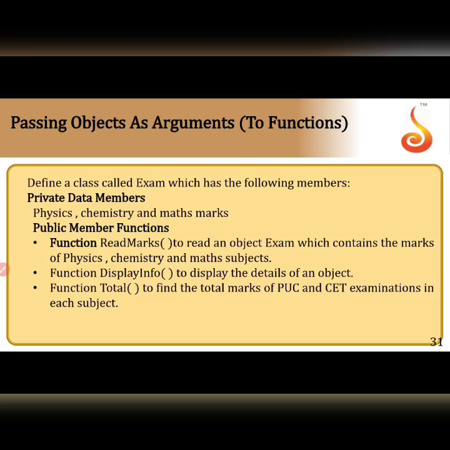That you have to create a class, and the name of the class should be exam. Then after that you should have data members or the variables as physics, chemistry and mathematics. So, the name of the class is exam. After that I have to create data members as physics, chemistry and math.